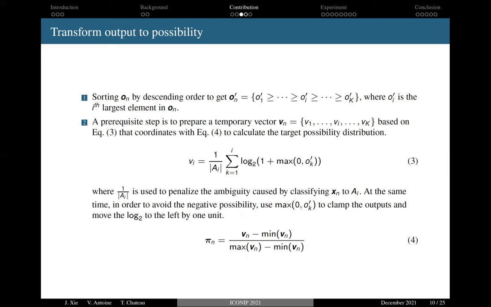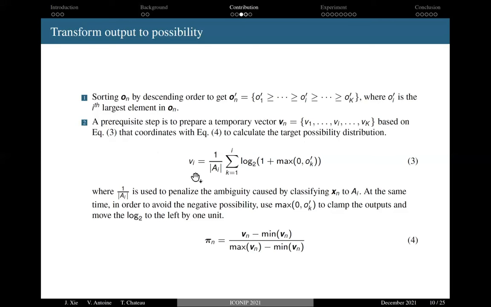Since we want to fulfill partial classification only based on model outputs, it means we need to calculate the belief from model outputs. However, there is not a transformation from output to belief, so we take a possibility as the bridge. First, sorting output by descending order and calculate a temporary vector, which is used to calculate the possibility.